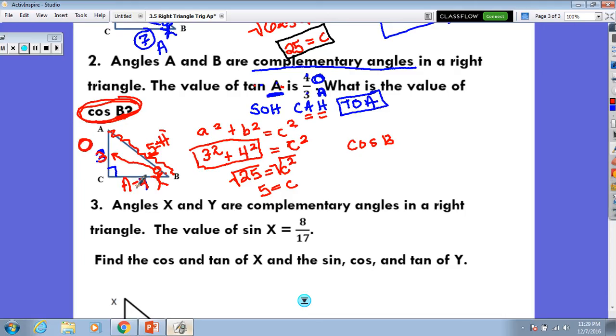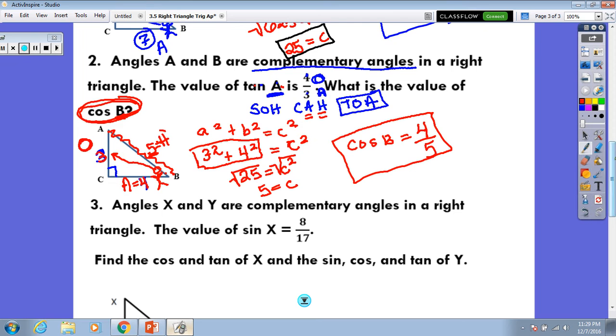So 4 is the adjacent side to angle B. Okay? So cosine of B equals the adjacent side, which is 4, divided by the hypotenuse, which is 5. So there is my cosine of B.